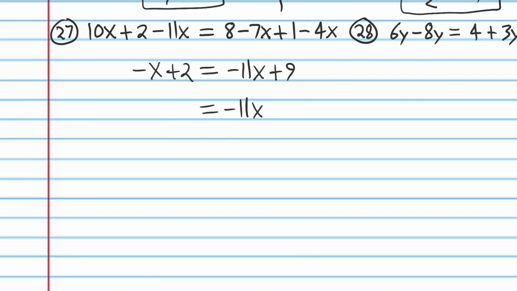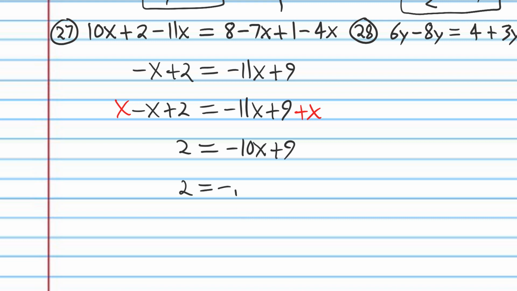So I'm ready to perform an operation on both sides of the equation, so I must rewrite the equation. And I'm going to add x to both sides. And I'm going to perform another operation on both sides of the equation, so I have to rewrite. Subtract 9.